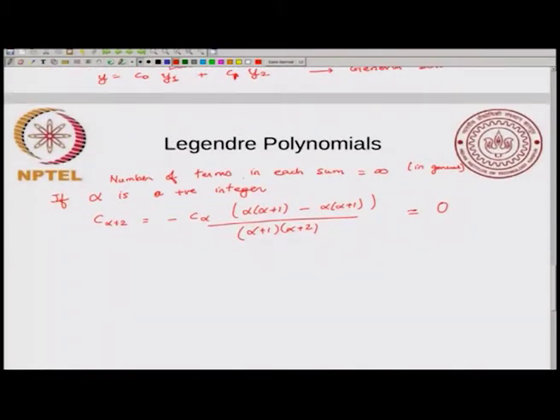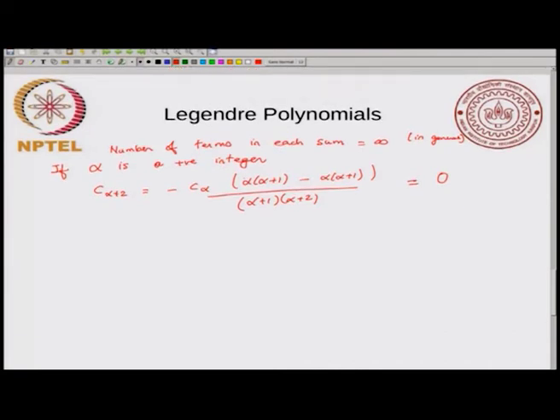And what does this mean? This means that also C of alpha plus 4 equal to C of alpha plus 6 equal to C of alpha plus 8, all of them are equal to 0. So any term that is of the same parity as alpha but has a value greater than alpha, like alpha plus 2, alpha plus 4, alpha plus 6, all those terms go to 0.